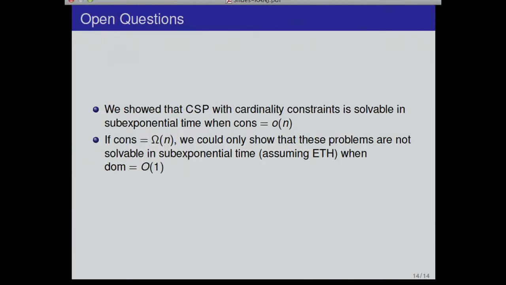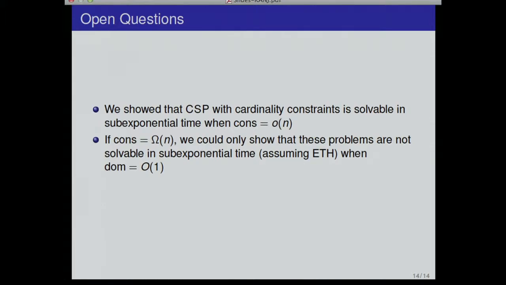So again, for this cardinality constraint, we showed that if the number of constraints is sublinear, the problem is solved in sub-exponential time. But now, if the number of constraints is linear, the only hardness result that we could show is when the domain size is constant under ETH. Because really, you could reduce 3-colorability to this problem to get the lower bound result.